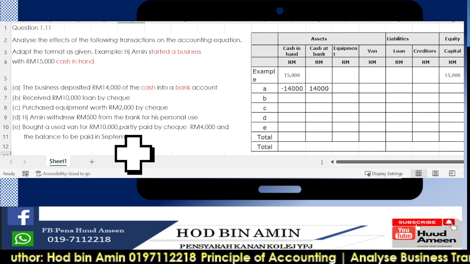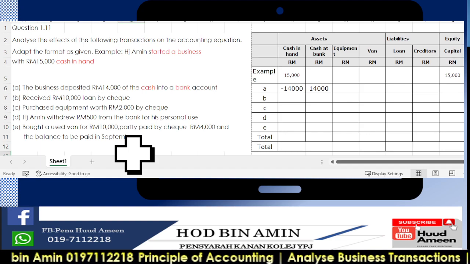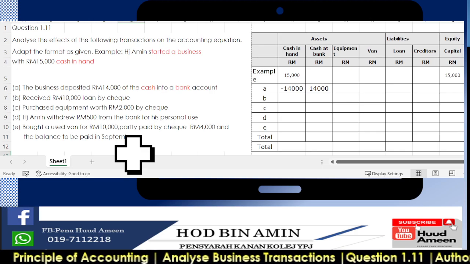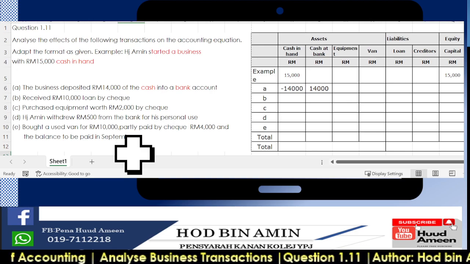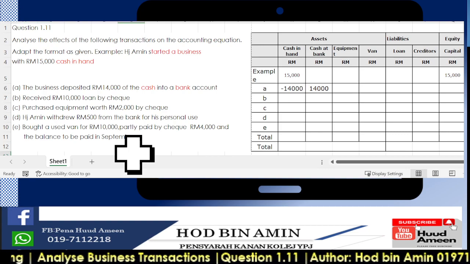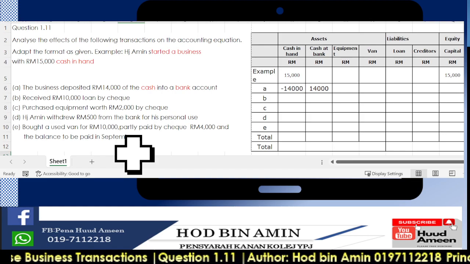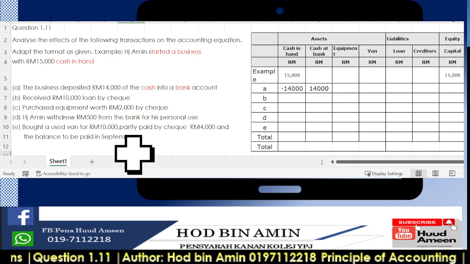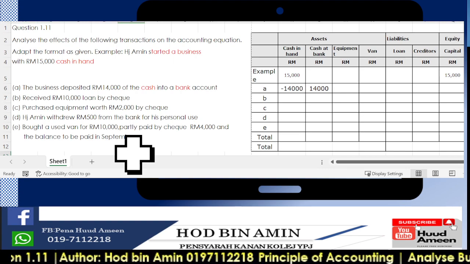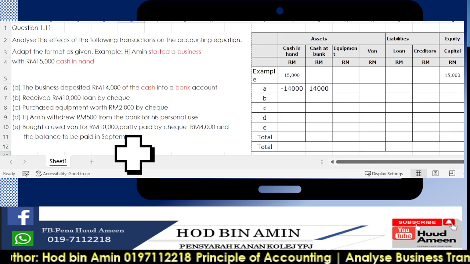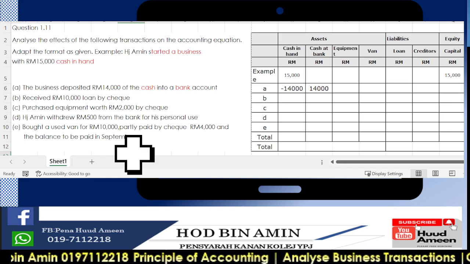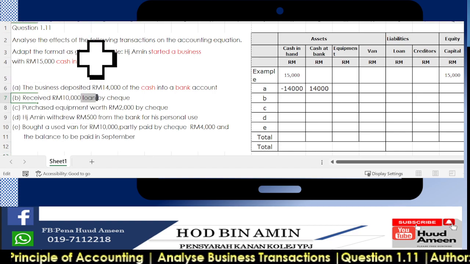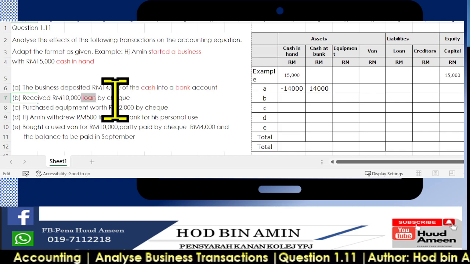Receive 10,000 loan by check means the business receives cash at bank, and at the same time the business is facing what they call a loan, gets a loan or suffers a loan. So we highlight the two accounts involved: this is loan and check.